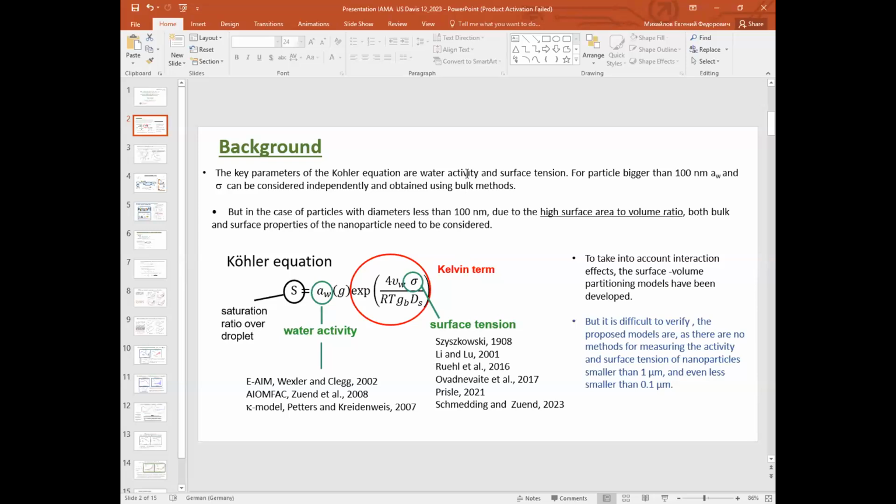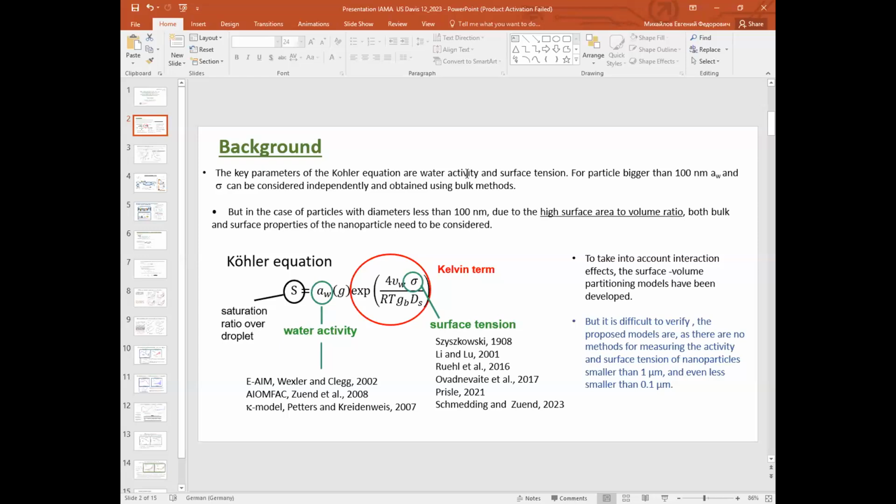To take into account interaction between surface and volume, thermodynamic models have been developed. There are some models developed a few years ago: Raoult, Adewite, Priesel, and recently Schmedding and Zuend models.